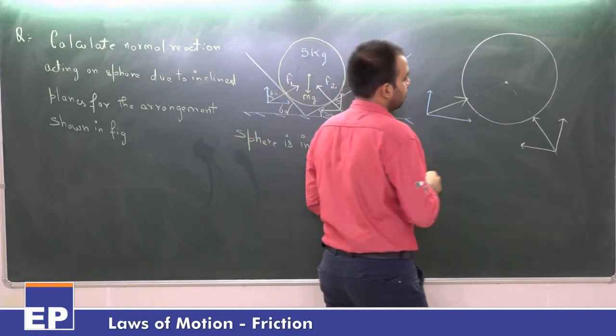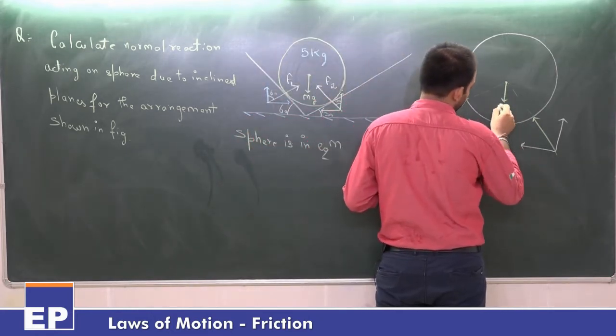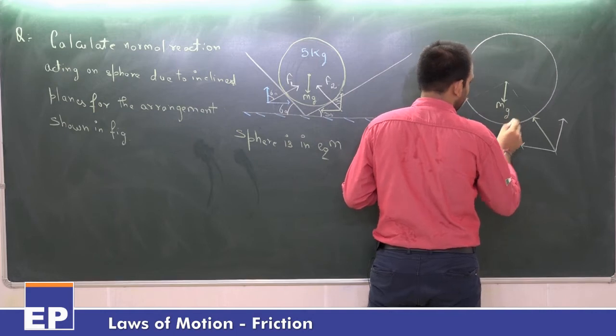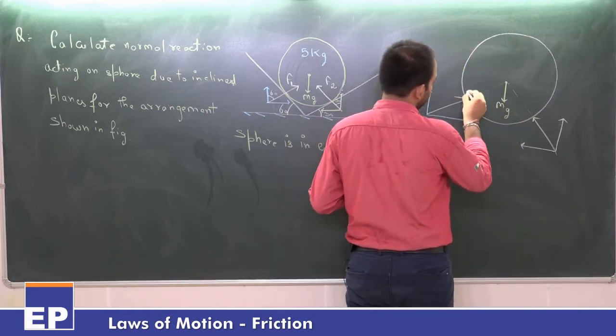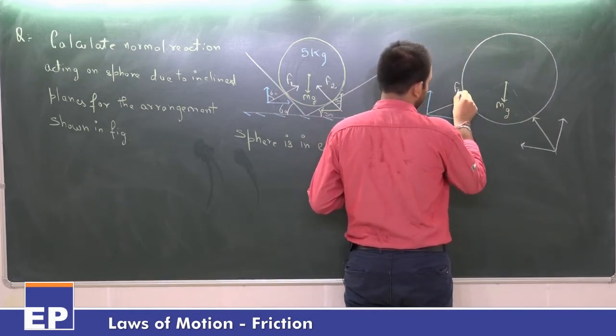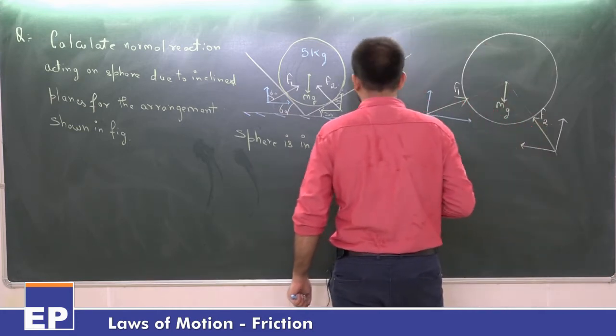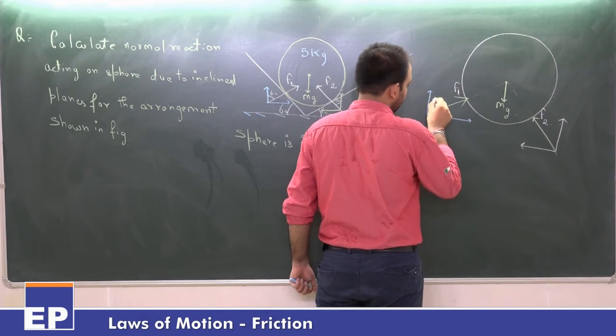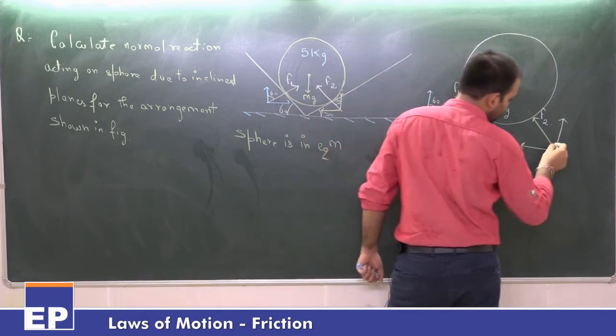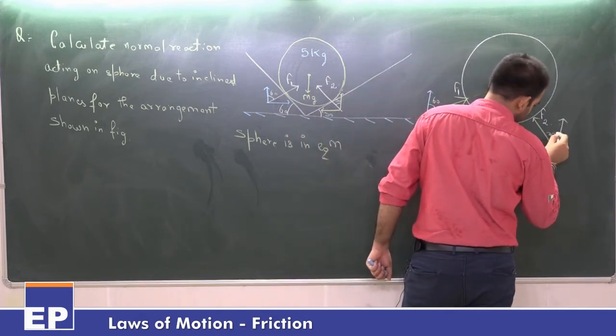And mg is acting in downward direction. And it is at rest. So I have taken it as F1 and this is F2. And we can easily see this angle is 60 and this is 30.